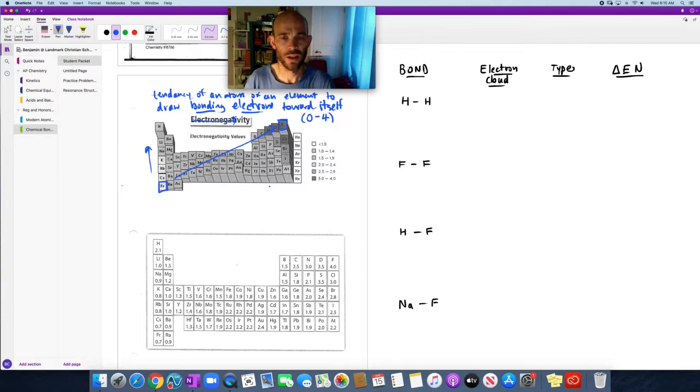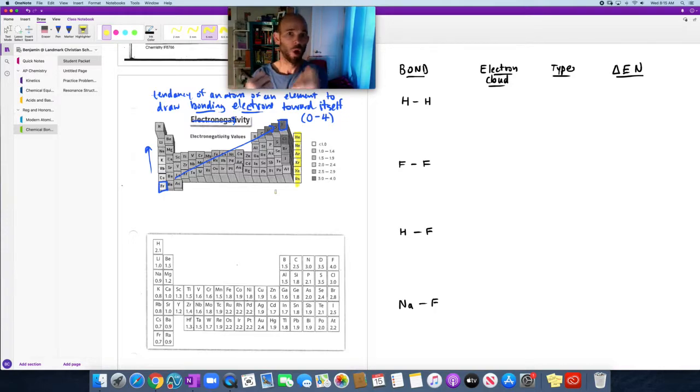Exceptions to this, some really important exceptions, are the noble gases. The noble gases don't have electronegativity values. And that's for a simple reason. They don't form chemical bonds. I hope you remember that noble gases are really, really unreactive. And what that means is they don't lose electrons easily and they don't take electrons easily.